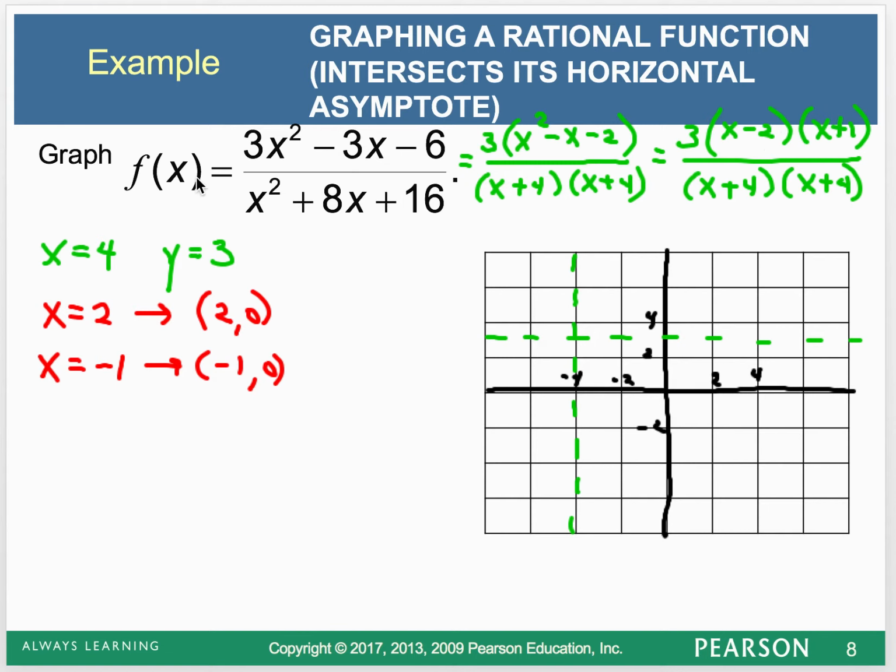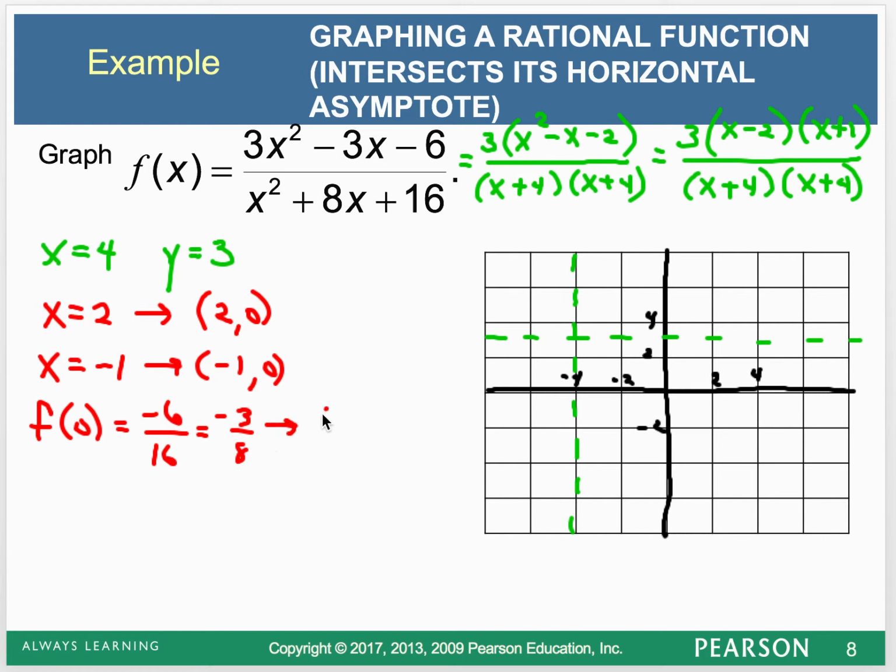Y-intercept means you plug in a 0. So you'd have 0 minus 0 minus 6, and then 0 plus 0 plus 16. So that's negative 3/8.